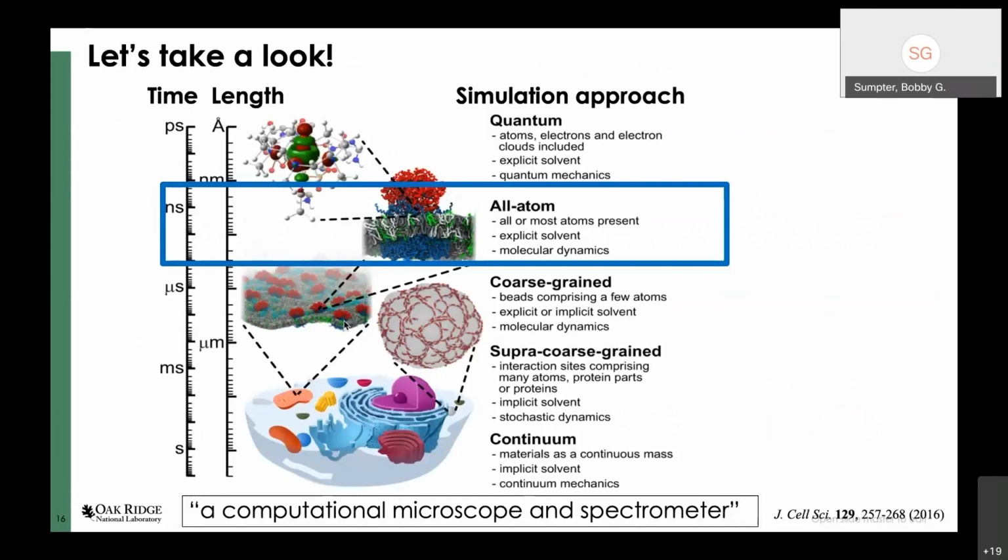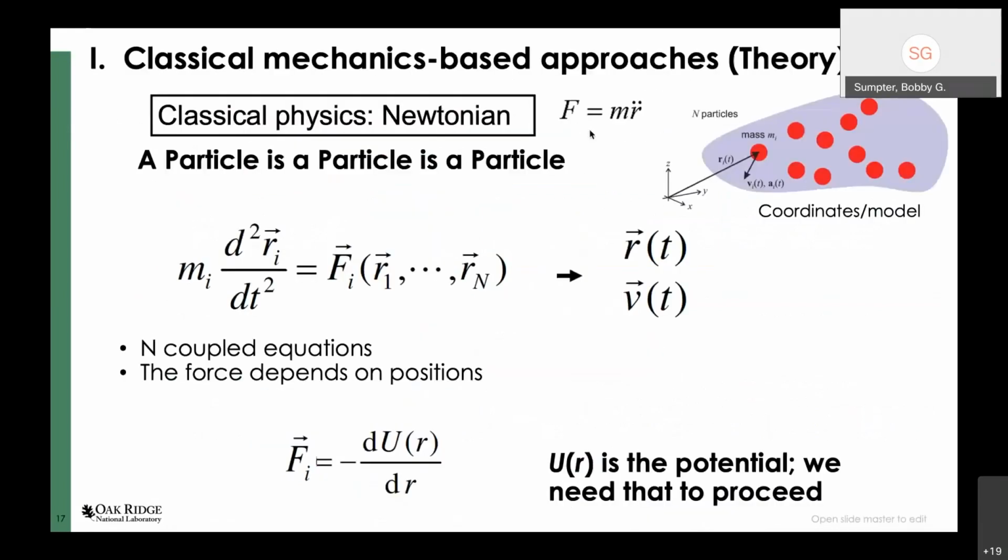Let's start off with treating systems as a set of atoms, all atoms, and then we'll proceed down in this part one all the way to the continuum level, and then in part two we'll go back and ask, what happens if we treat all the electrons? The fundamental theory that allows us to look at atoms in a fairly efficient way is basically classical Newtonian physics. Force equals mass times acceleration, which I think everybody has heard of.